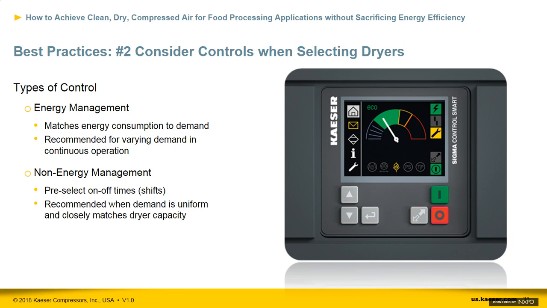A non-energy management type of dryer could be programmed for on-off times to meet specific shift requirements that would give you some energy savings during operation for systems that have a consistent demand that is close to the dryer capacity and run effectively. However, if the demand does vary, an energy management dryer would be recommended. Please don't forget that cycling refrigerated dryers will have a varying pressure dew point.